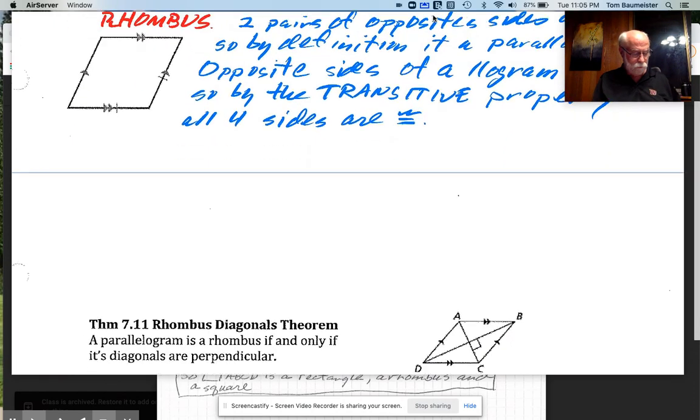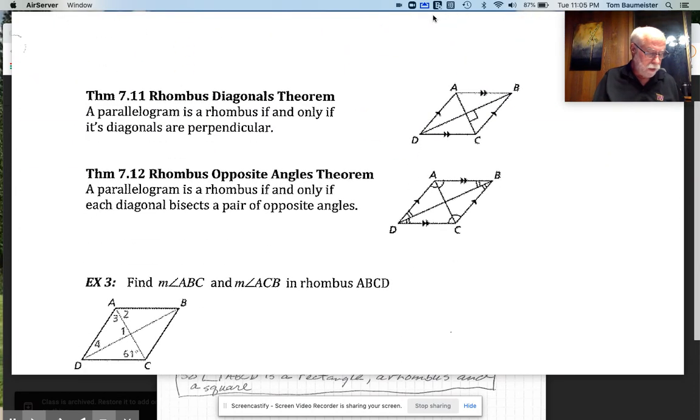Okay, all right. So theorem 7.11, the rhombus diagonal theorem states a parallelogram is a rhombus if and only if its diagonals are perpendicular.